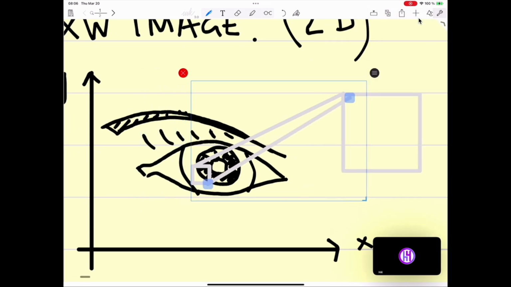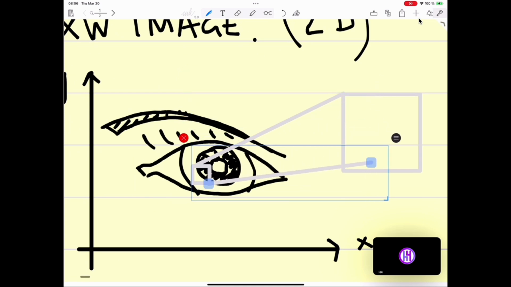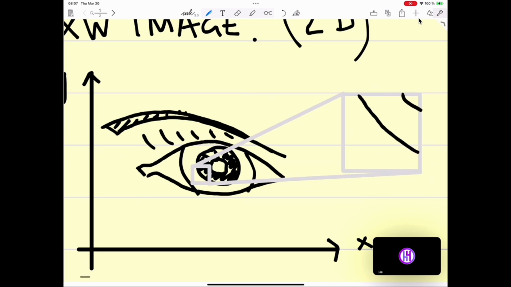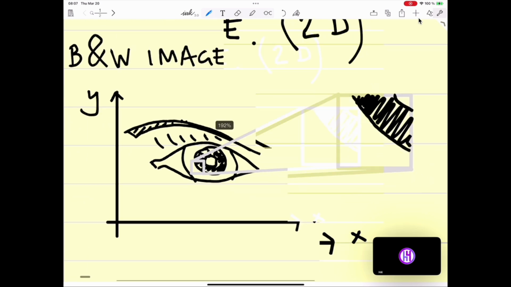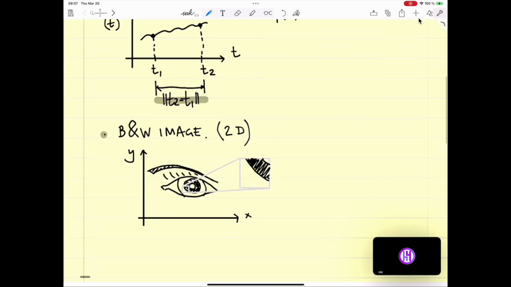It takes a little bit longer, but I try to make my notes pretty because it's nicer to learn later if the notes are pretty. So let me paint this pixel big. In this pixel we find this line maybe, and maybe another line, and then the black part of the iris. Let me write it because it's important.